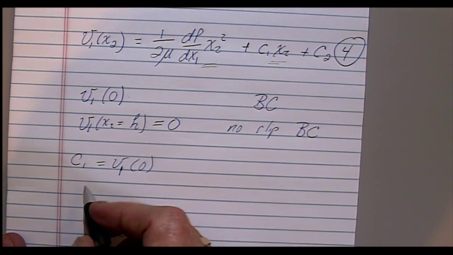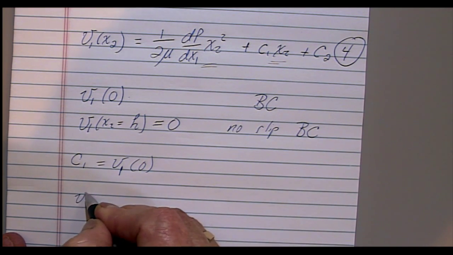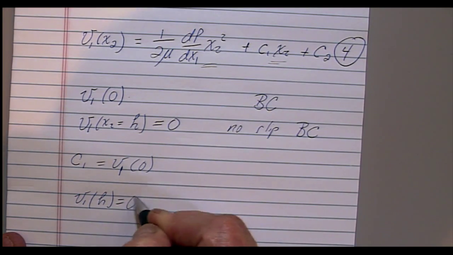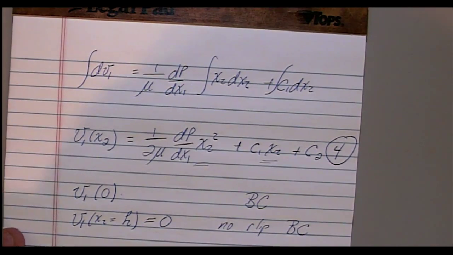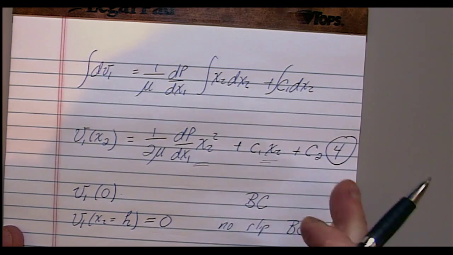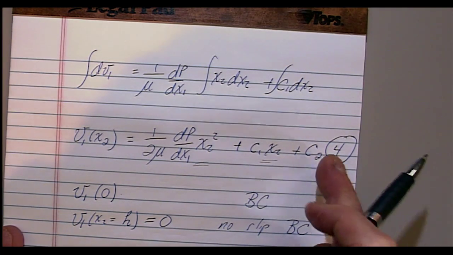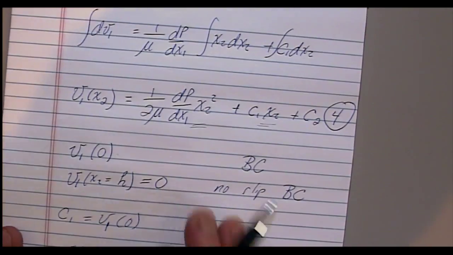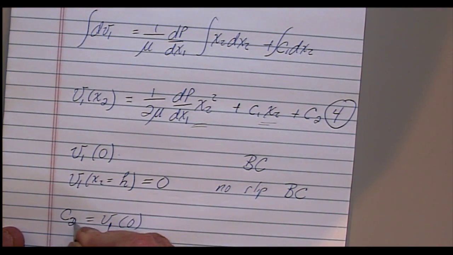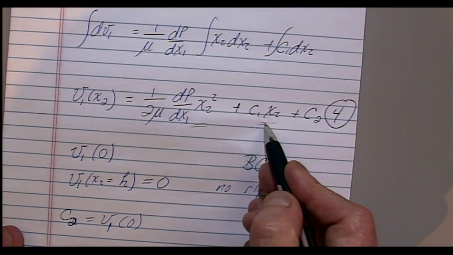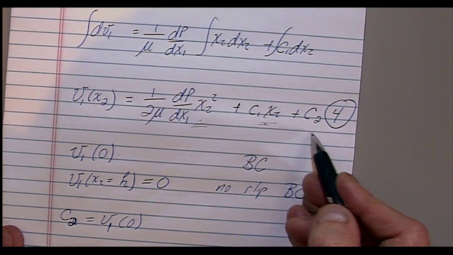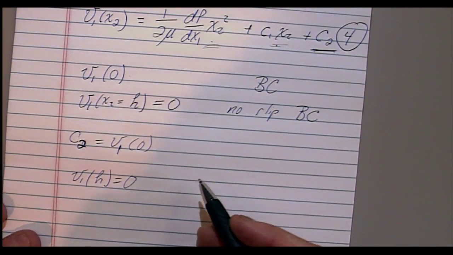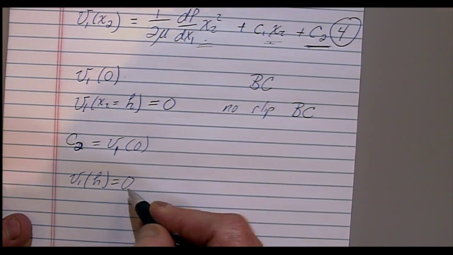And we apply the second boundary condition, that v1 at h is equal to 0. Plug it back into our equation here and solve, knowing c1, and we can solve for c2. I'm sorry, oops, this is a mistake. This should be c2. When x2 is 0, the only thing that's left is c2. Now we apply the bottom boundary condition that there's no velocity at the bottom.